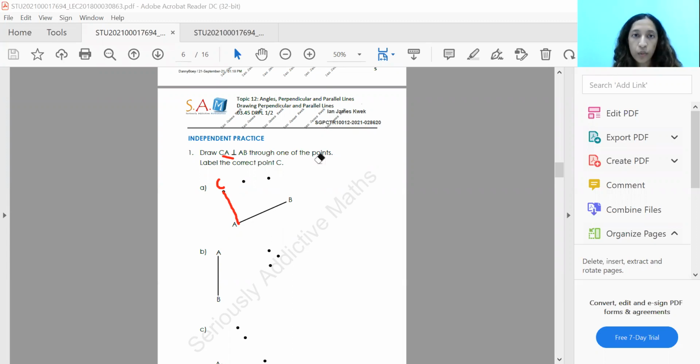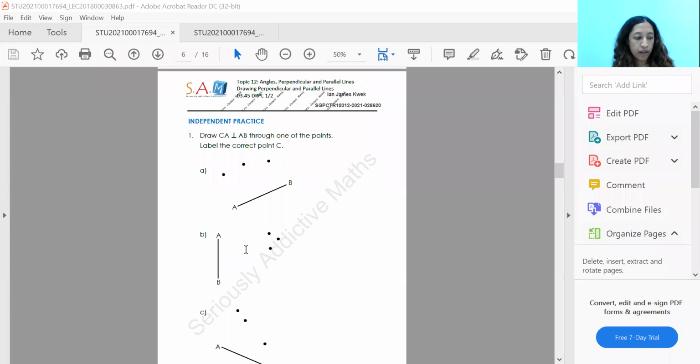Okay, so what I would want you to do now is to attempt B for me. Okay, so let's see. How are you going to do this? So let us try the first one over here. Does that look perpendicular to you? Nope. You could put a C over here, but it's not perpendicular.